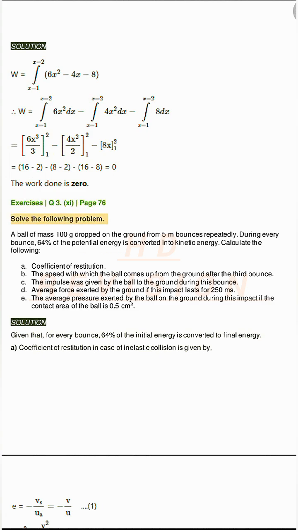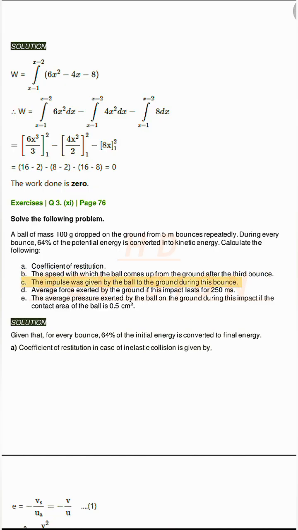Exercises Q3. Sheet page 76. Solve the following problem. A ball of mass 100 grams dropped on the ground from 5 meters bounces repeatedly. During every bounce, 64% of the potential energy is converted into kinetic energy. Calculate the following. A. Coefficient of restitution. B. The speed with which the ball comes up from the ground after the third bounce.